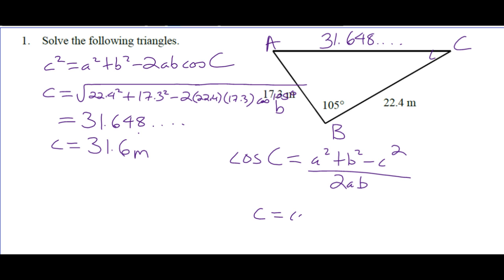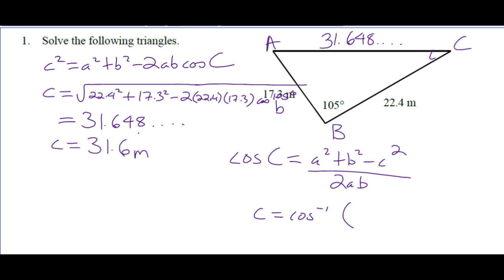Okay, so angle C is the inverse cos of, now here's the problem, right? This side here, little b, I got to use it twice. Right now it's sitting in our calculator, so I'm going to show you how to store it into b so that we can just call it b when we want to use it.